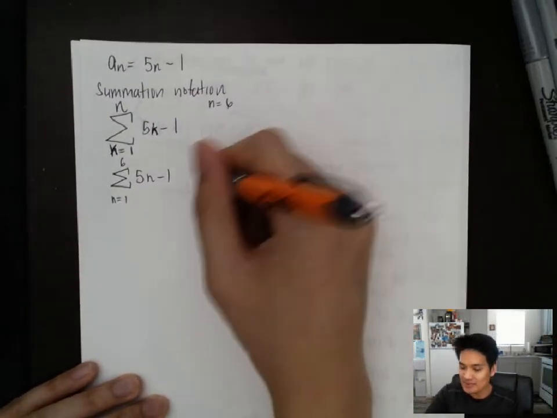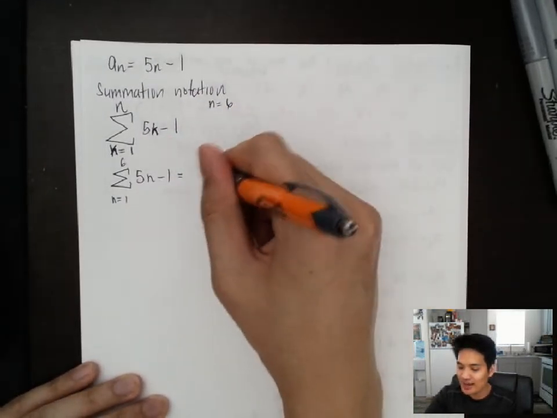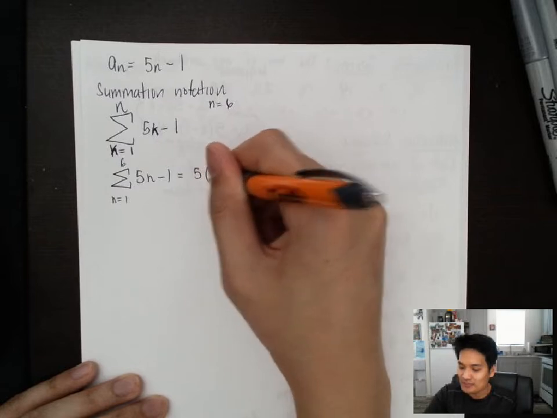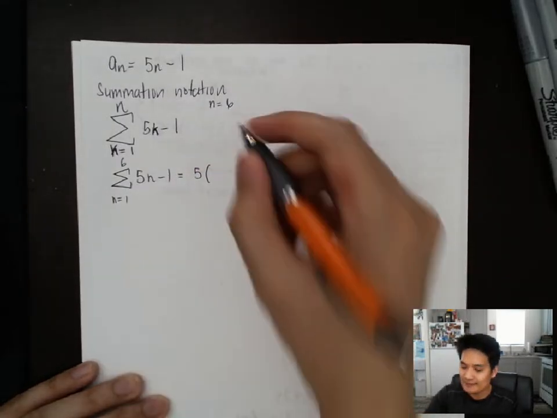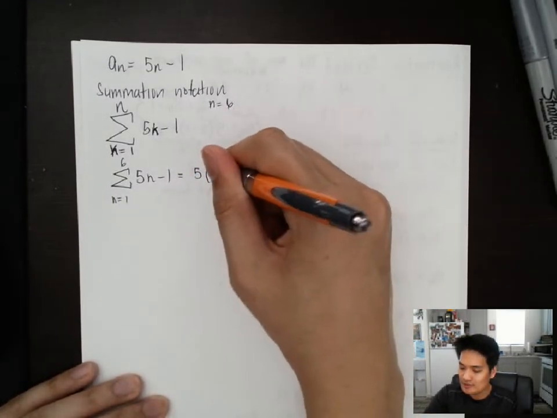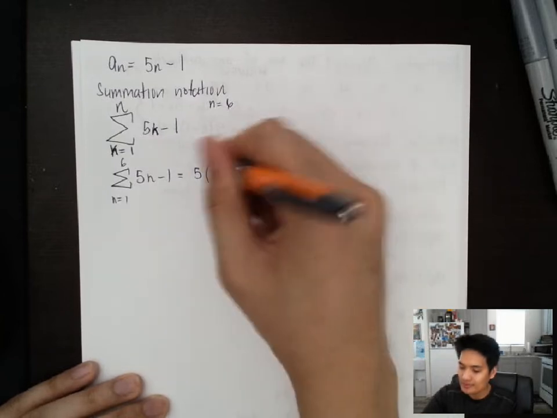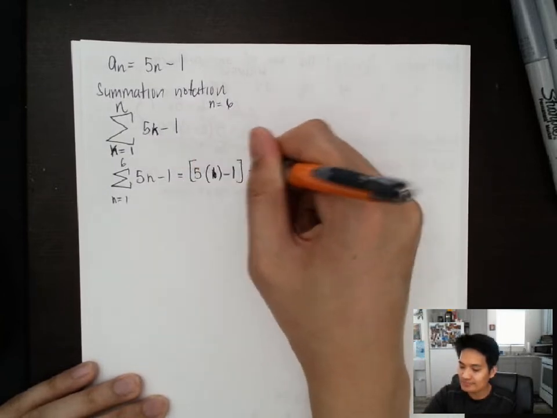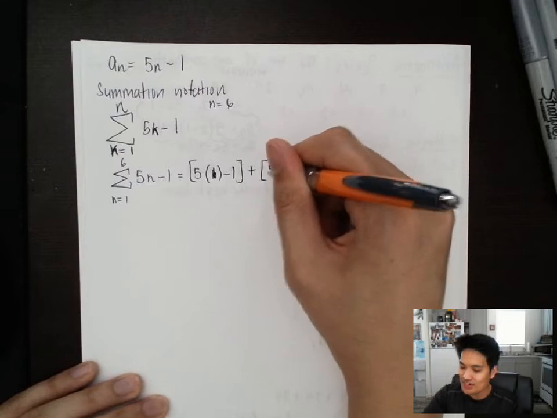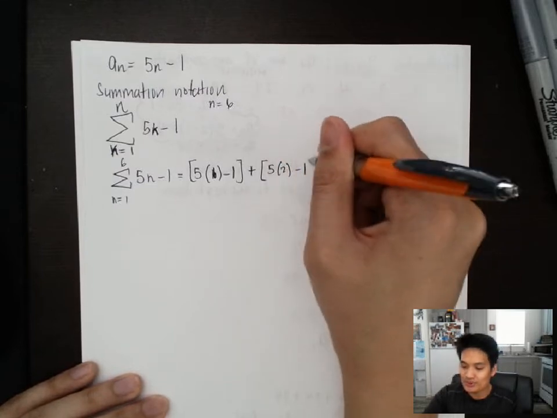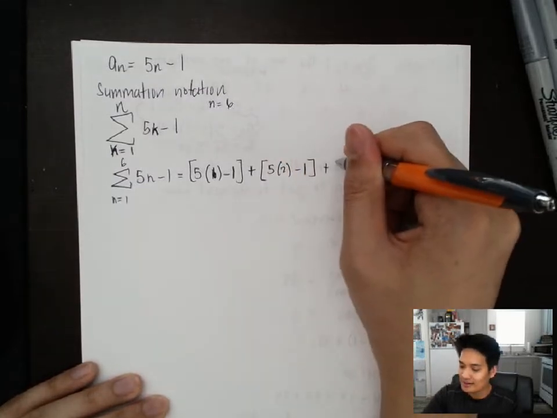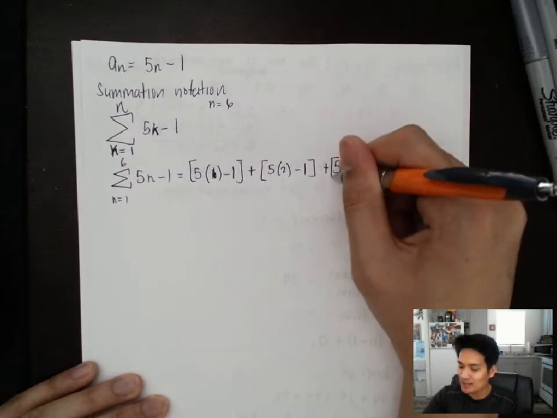So what that tells me is that I'm essentially going to sum all the possible terms starting from 1, right? So that's our first term. I get my second term by plugging in the 2. I get my third term by plugging in 3.